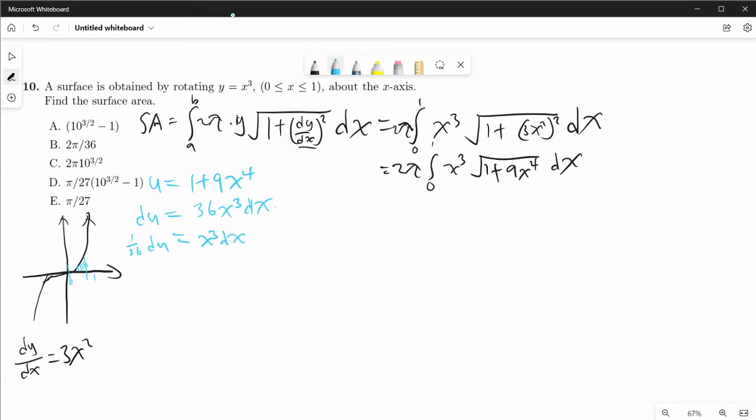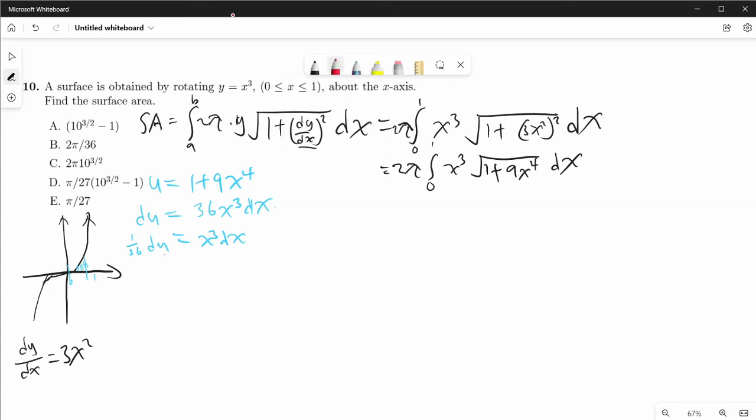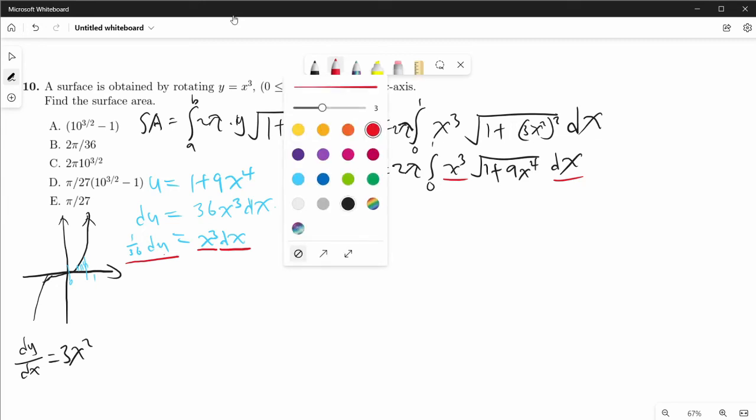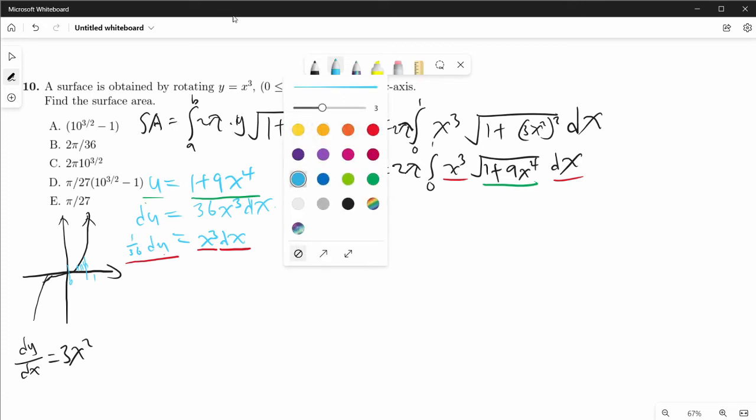So I can replace x cubed and dx with 1 over 36 du, and I can replace the inside of the square root with u.